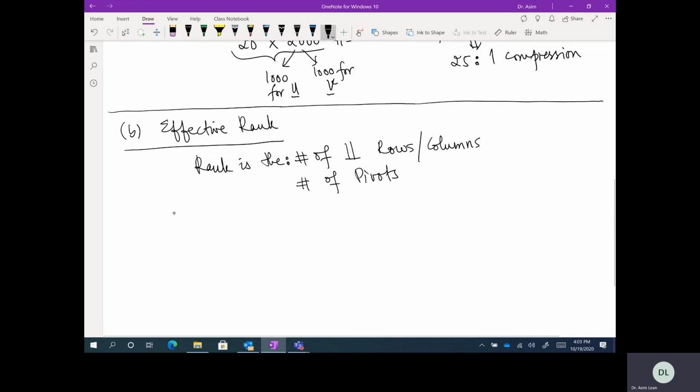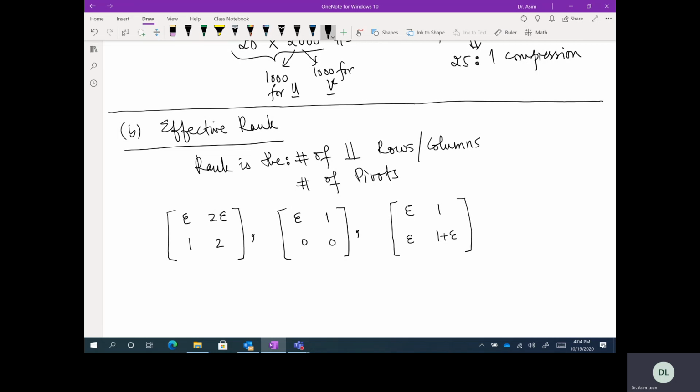So for example, when I'm doing some numerical calculation, these are the matrices I get. Here we have probably 2 pivots and rank is 2.